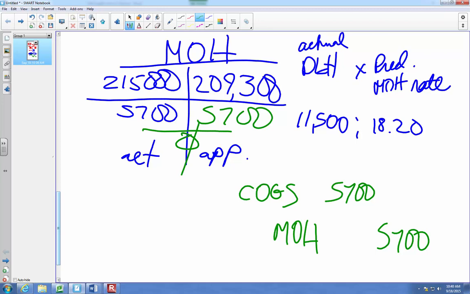It's not really an account that goes anywhere. So what did I just do to my COGS? Increase it or decrease it? Why did I increase it? Yeah, it's a debit type account.